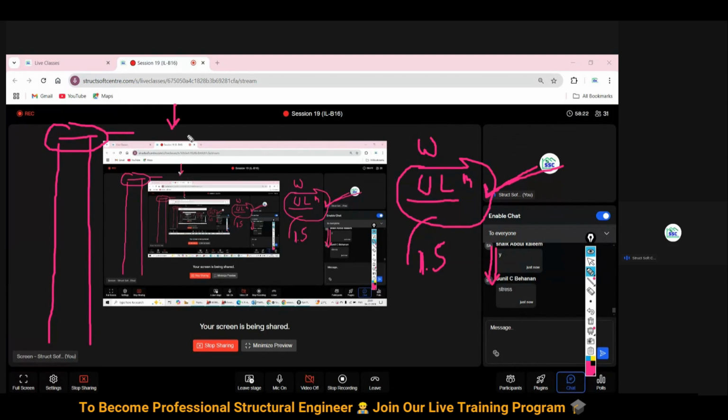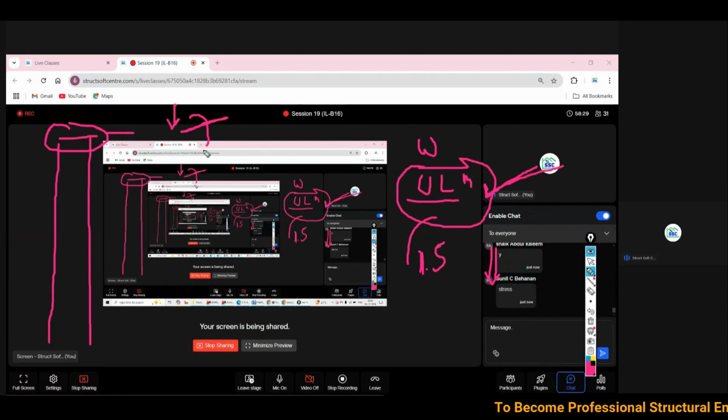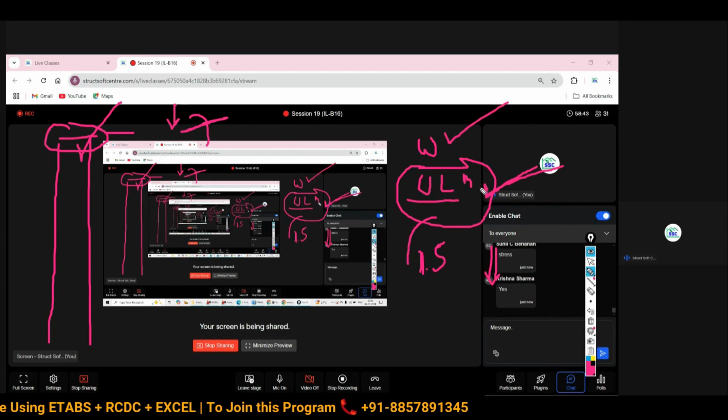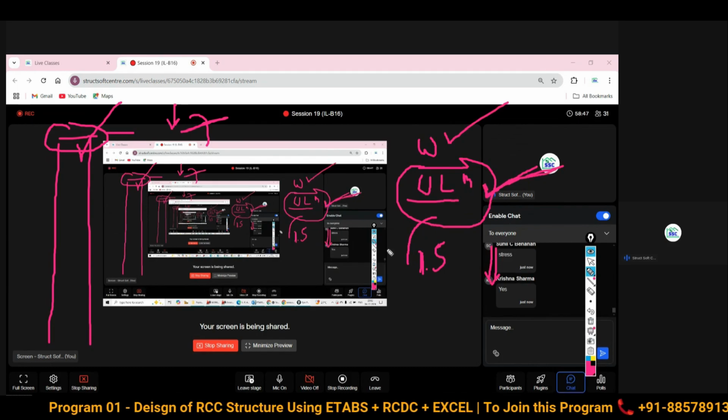Whatever the capacity is, only that capacity you consider in your calculation. You are not going to reduce it. If you do not reduce it, then your section size will not increase. So your element is going to be designed as a slender element. Getting the second point? Yes or no? In the first case, the section is very massive. In the second case, the section is designed as what? Slender, with less section size. This was the problem.